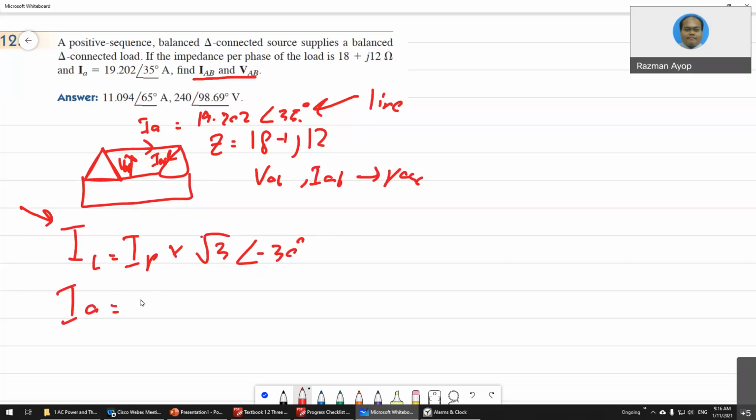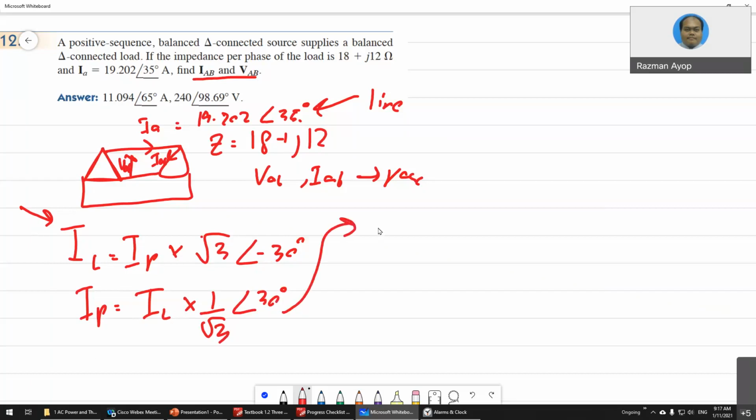IA equals IAB, which should be the same. Oh, they give line, right? So you have to adjust the formula first. I phase equals I line multiplied by 1 over square root 3 angle 30 degrees. Remember, negative became plus.